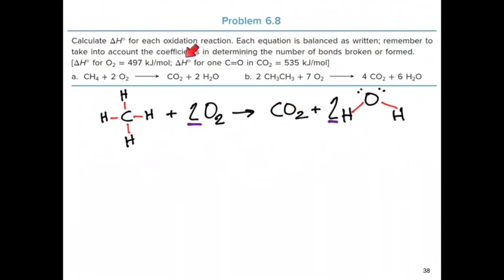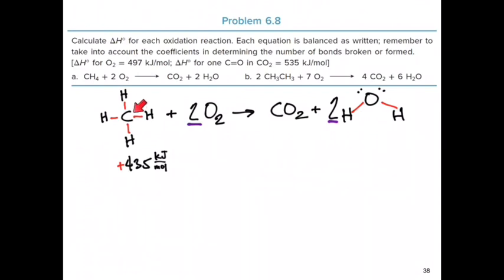So you can see that the delta H for one carbon to oxygen double bond in carbon dioxide is 535 kilojoules per mole. So this is the amount of energy that's released per carbon to oxygen double bond. And then in water, we're going to have to look at table 6.2 in order to see how much energy is released to form the oxygen to hydrogen bonds.